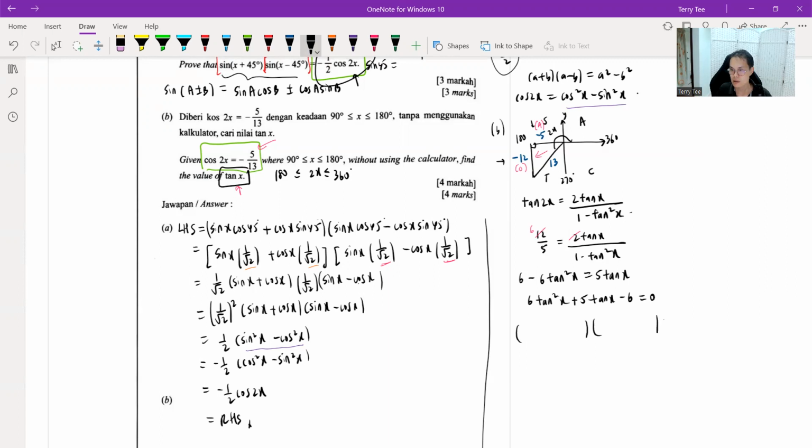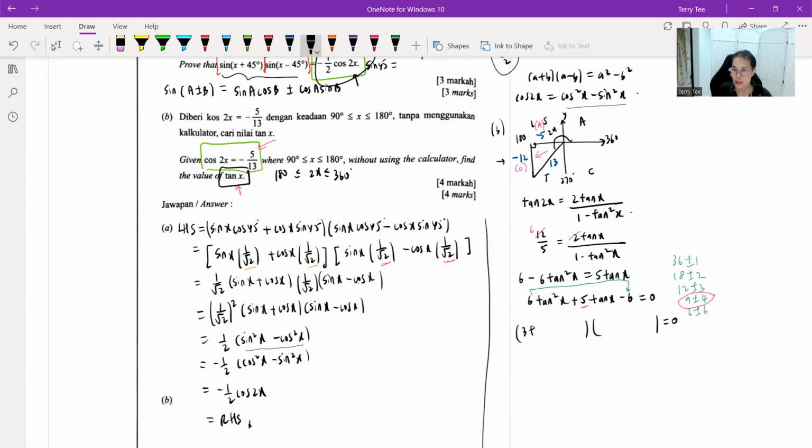Let us factorize using double brackets. When you factorize, we take 6 times 6, which is 36. Factors of 36: 1 and 36, 2 and 18, 3 and 12, 4 and 9, 6 and 6. And which combination gives us 5? I should use 9 and 4.